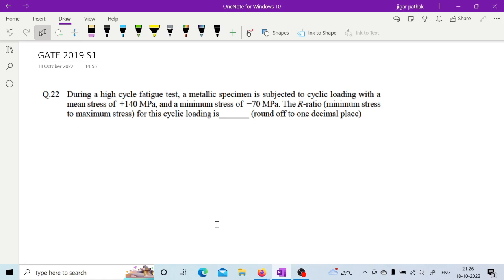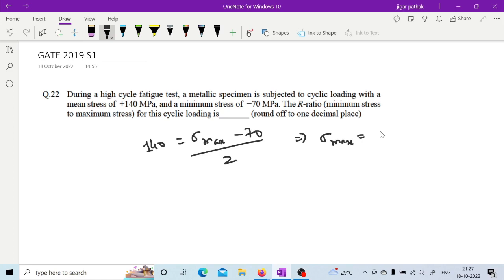Here sigma mean is given as 140, right? Mean stress, and minimum stress is given as minus 70, right? So sigma mean is 140, then sigma max plus sigma min over 2 is sigma mean. So you can calculate sigma max first. What is sigma max? 350 megapascal, right?